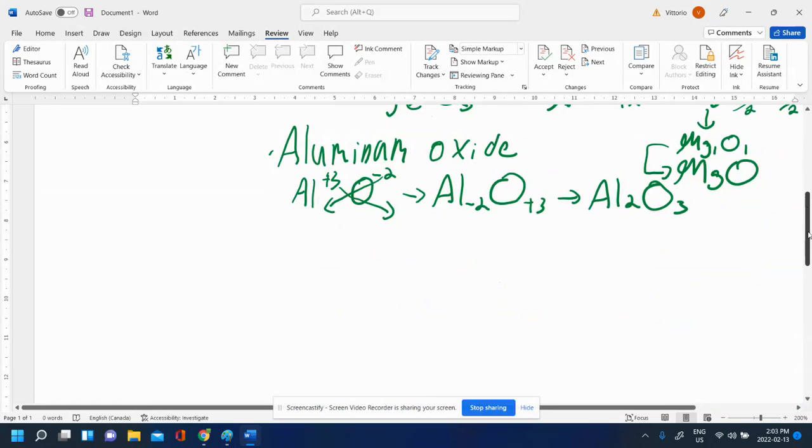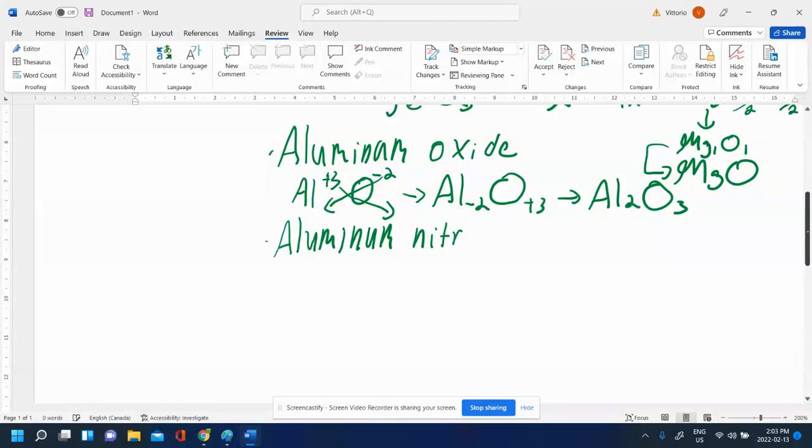Let's now try aluminum nitride. So similar idea. Aluminum has a charge of +3. Nitrogen is in group 15. It doesn't want to lose 5, but wants to gain 3. So -3. You can crisscross these, and you'll get Al -3, N +3.